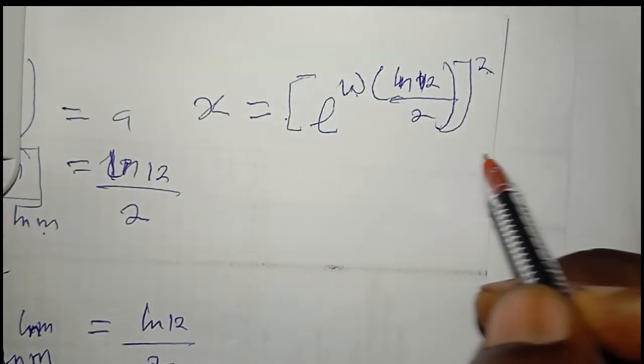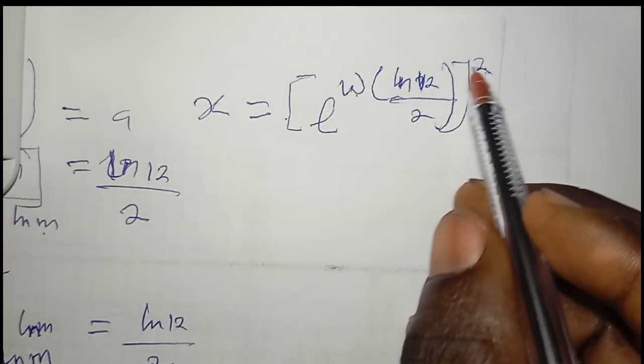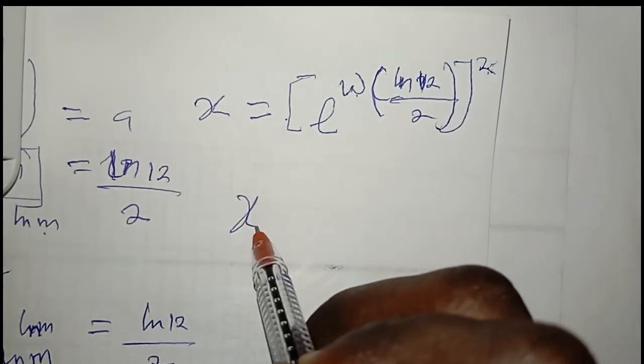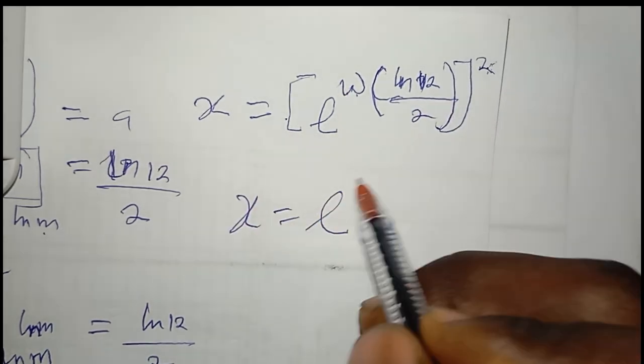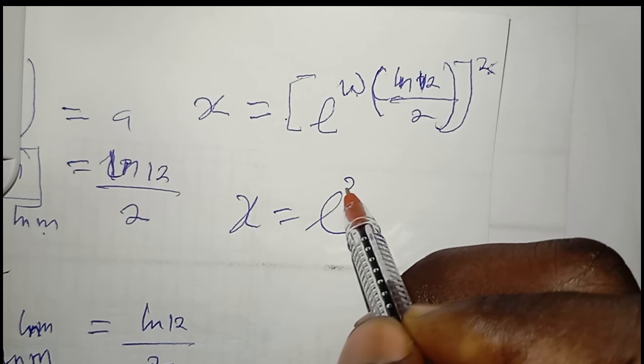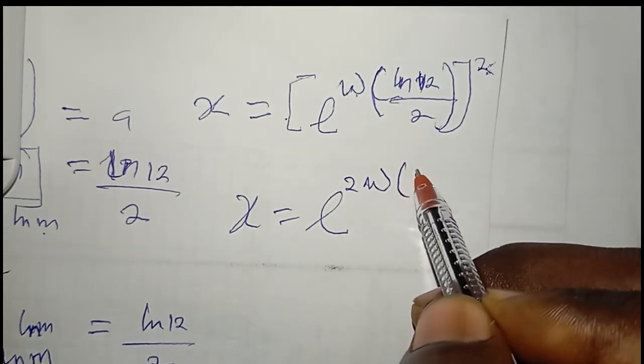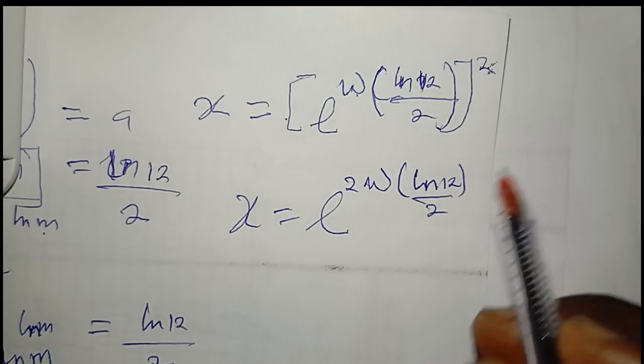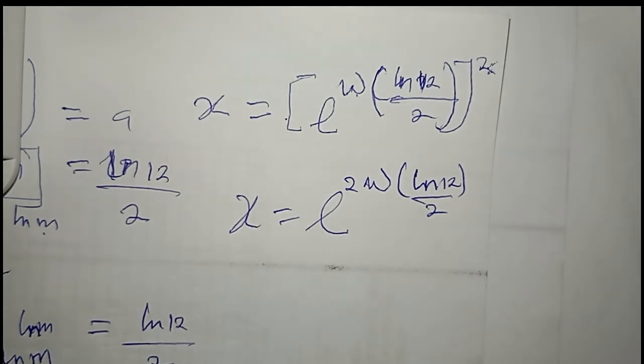And then of course, utilizing the property we used earlier, we can bring in these 2 right here, and if we do that, x now changes to exponential 2 multiplied by the Lambert W function of natural log of 12 divided by 2. Okay, and of course, this is the value of x which we are looking for.